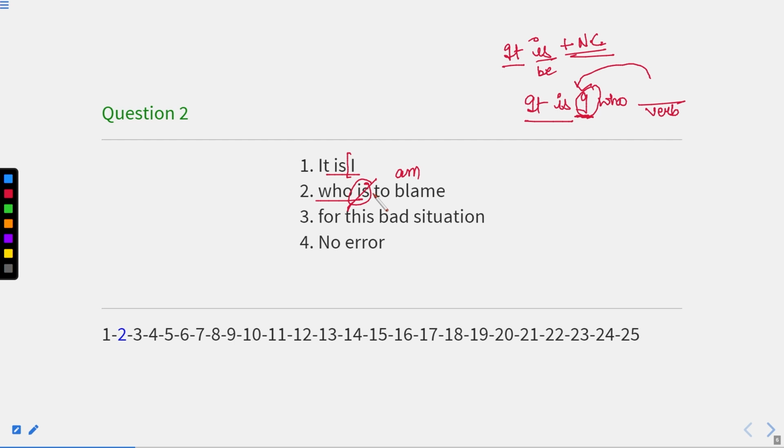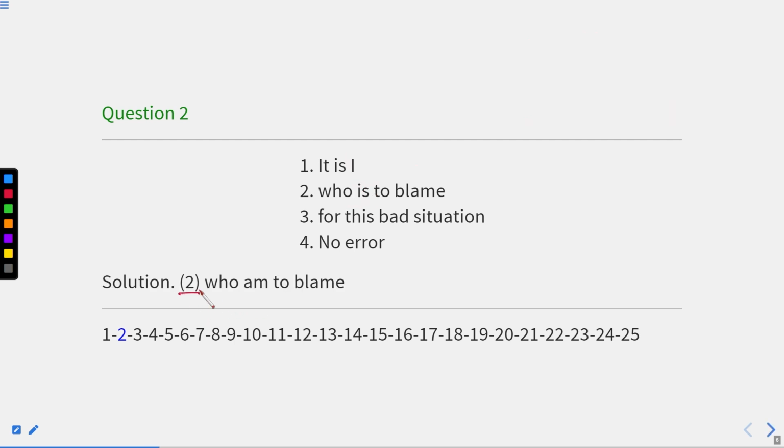It means the person who is the culprit for this bad situation is I. It means I have made this situation in which you can blame me. Therefore our answer will be second, where we need to write "am" in place of "is".